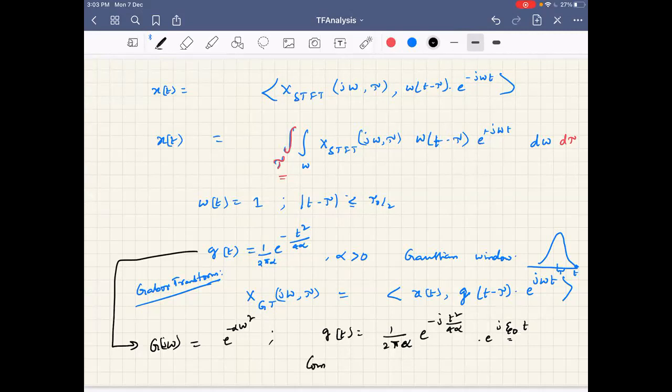The windowed Fourier transform with this complex Gabor window is referred to as complex Gabor transform.